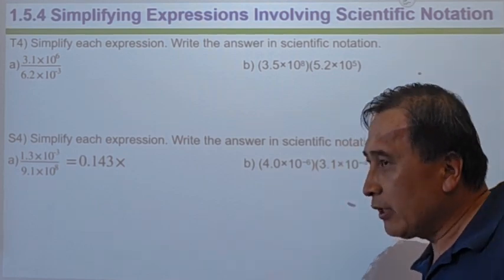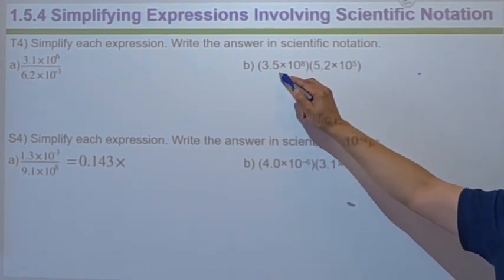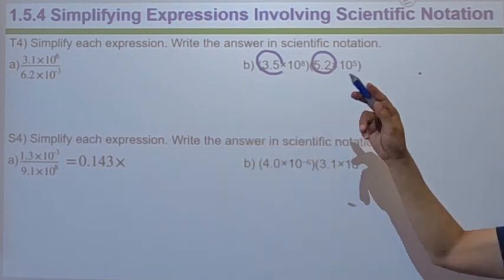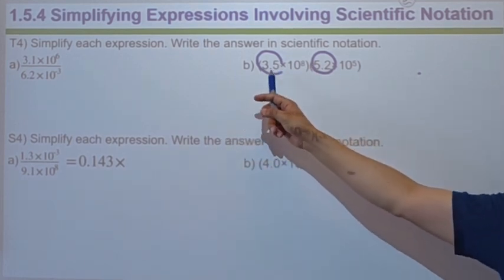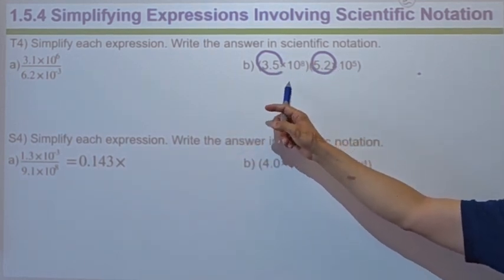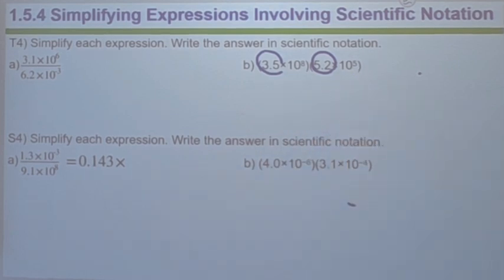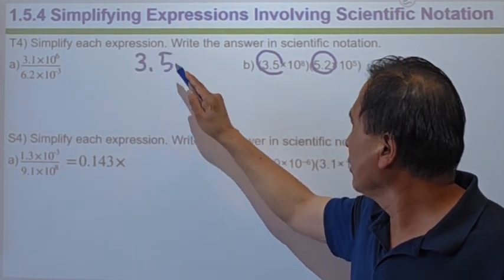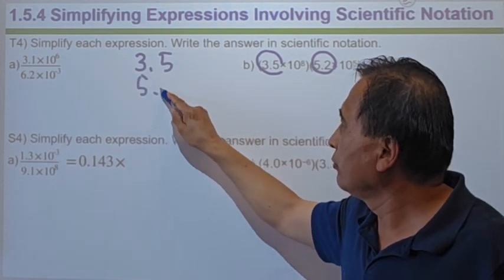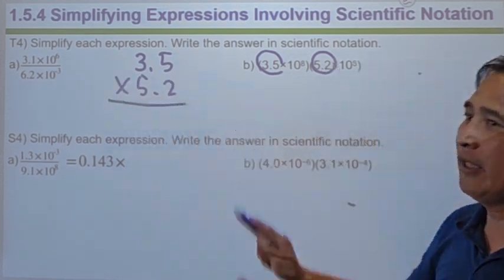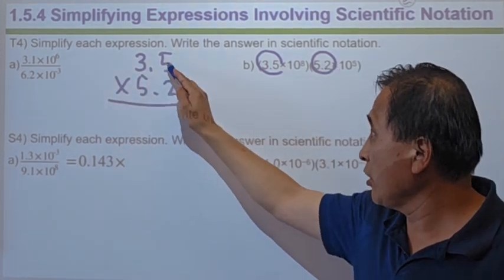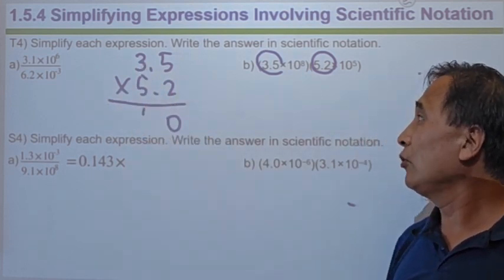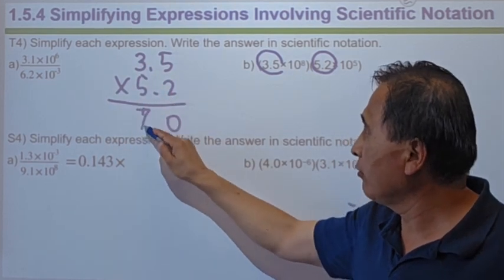Let's do this one first. With multiplication, we can change the order. So we multiply the numbers, and 10 to something power with 10 to something power. So I multiply 3.5 times 5.2. Two-digit multiplication. 5 times 2 is 10. 3 times 2 is 6, with that, 7.